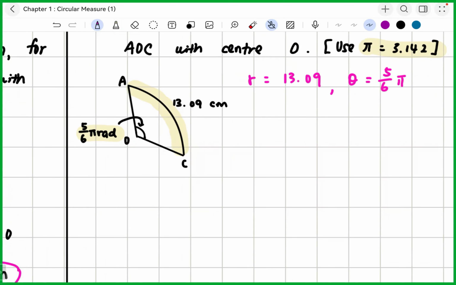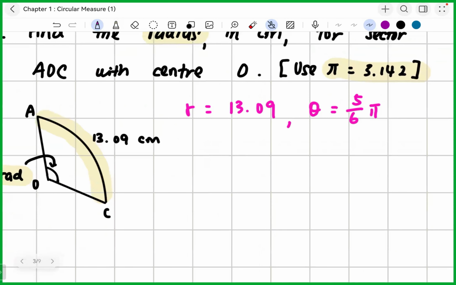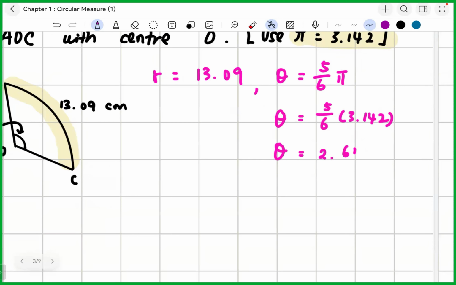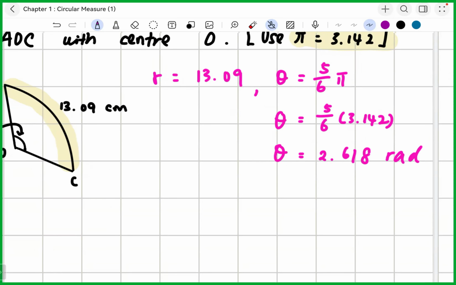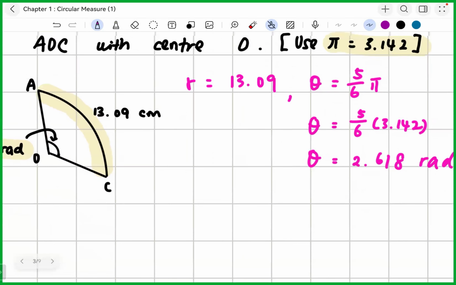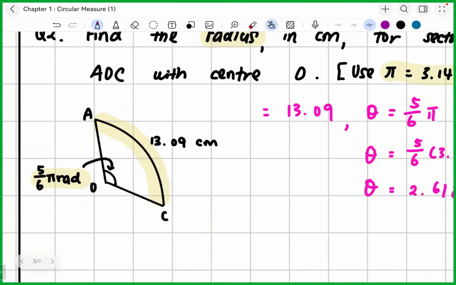The question asks us to use pi equals 3.142, so we substitute pi with 3.142. 5/6 times 3.142, you will get 2.618 rad. Sorry guys, the 13.09 is not the radius, it's actually the arc length.